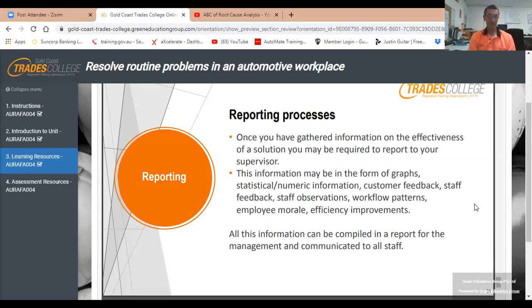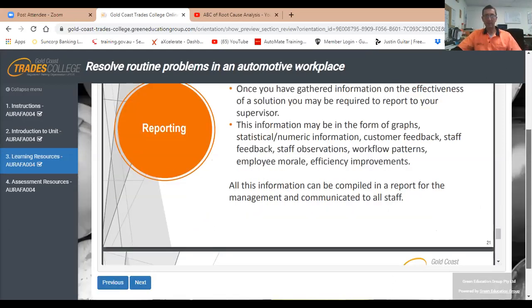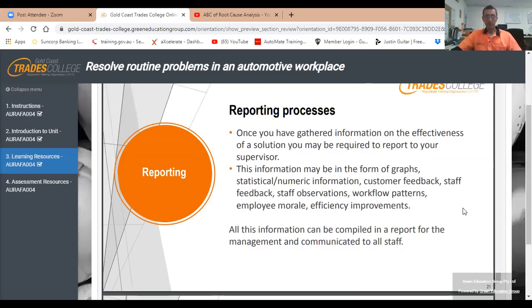That information can then be compiled for management and further communicated to all staff who were involved in the problem initially, and also can be used for continuous improvement in business and work. Continuous improvement is something that's happening all the time and can add to increased efficiencies of a business.